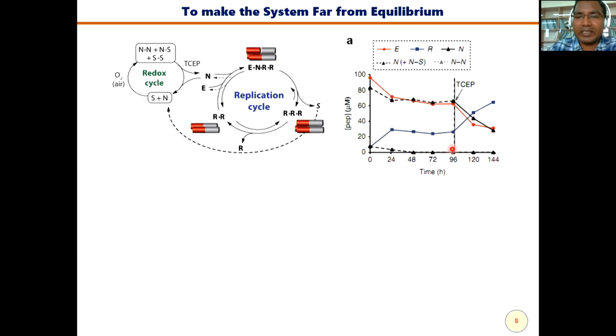Then after 96 hours we added the fuel, which is the TCEP, which reduced these unreactive thiol molecules and started the replication cycle again. It gives a considerable amount of the replicator, and it gives the desired steady state, low or high.